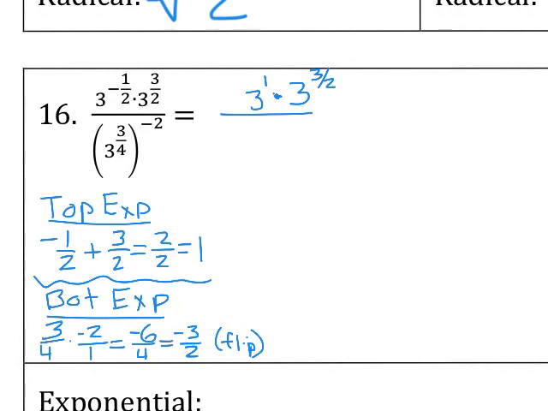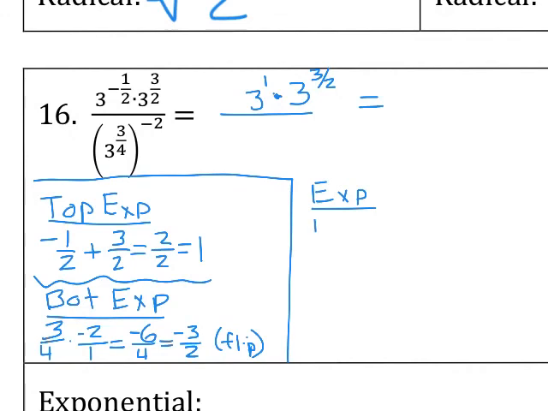So there's step 1. So I'm done with all this stuff. Okay, now what do I need to do with exponents? Add them, right? So now my exponent, this time I'm going to add. So I have 1 plus 3/2. So that's like 1 over 1, right?